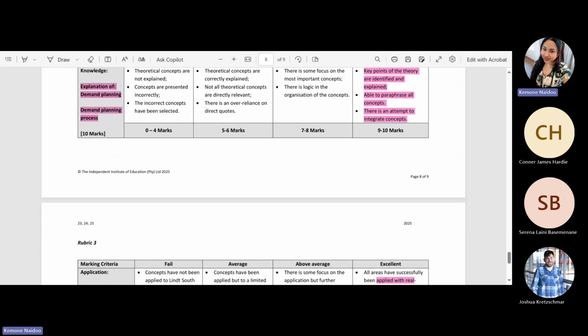And then it's very clear that you have attempted to integrate your concepts. So like I said, you need there to be a flow in your essay. You need to show there's a link between everything you're saying. That's how you know something is making sense. So think about when you are telling a story to your friends. You're not going to tell them very different random parts of a story. You're telling them a story and you're linking everything together. So you're telling a story start from finish, and everything sort of flows into one another. Even if they didn't happen in that order, you still tell it in a way that makes sense, right?